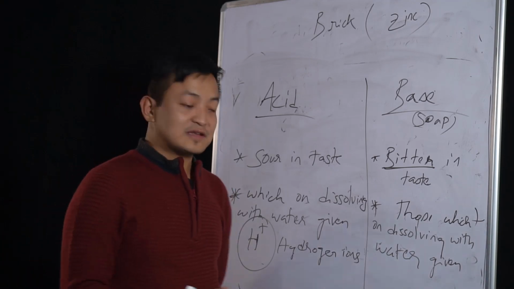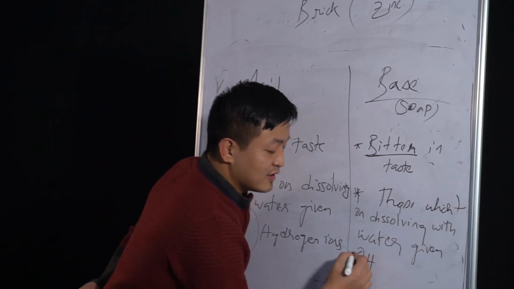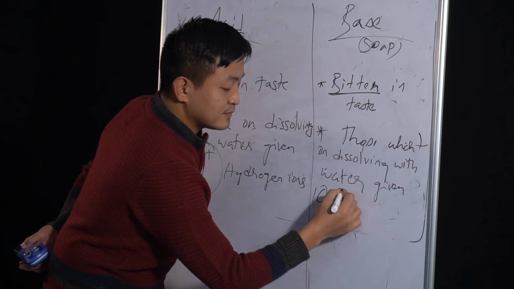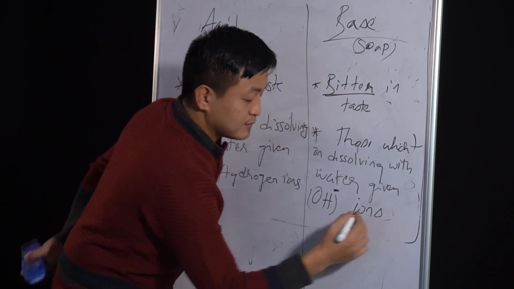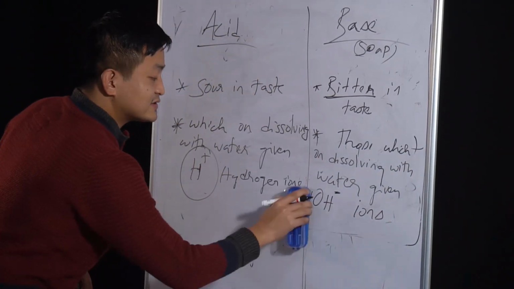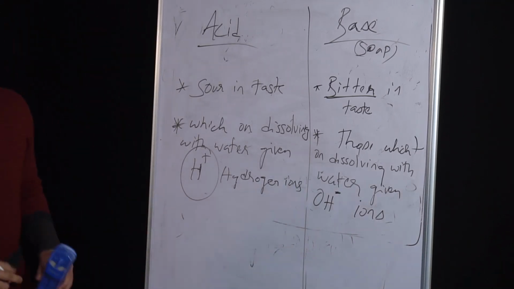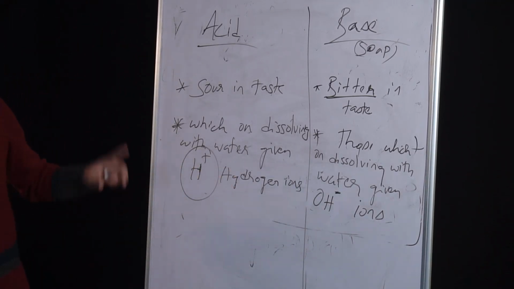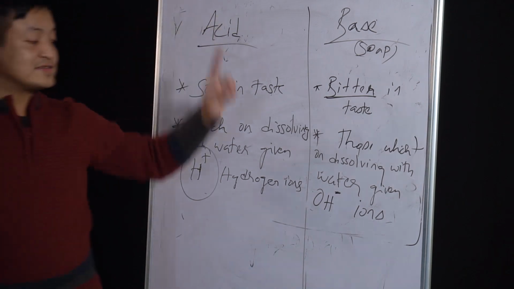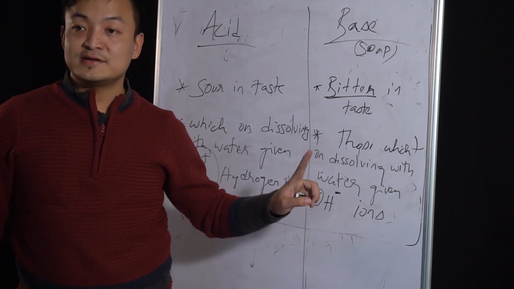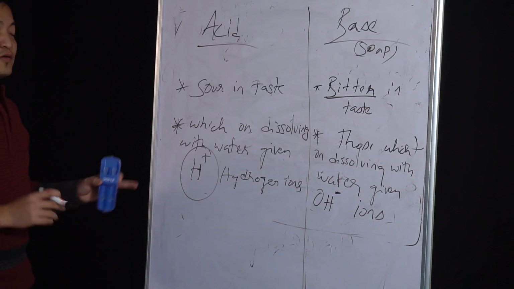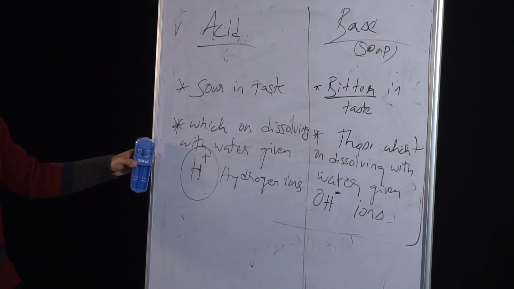This is very important, class. OH- ions. You can simply write it like this, okay? So class, look here, acid H+, base OH-. Keep this in mind.